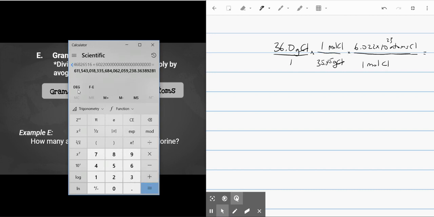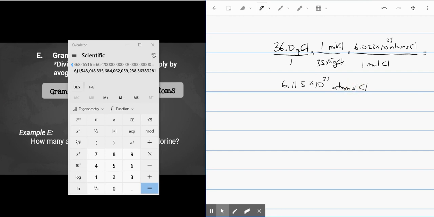And there we go, 6.115. So 6.11543, we can keep going, times 10 to the, that is a lot of places. Here's the decimal, so I go over 3, 6, 9, 12, 15, 18, 21, 22, 23. So I have that many, 6.115.